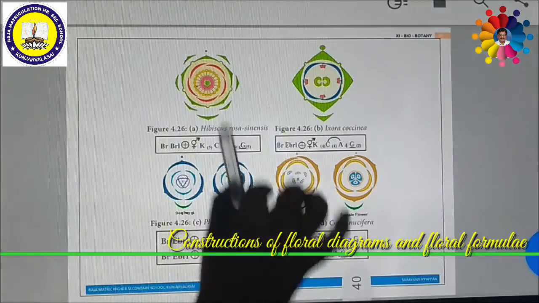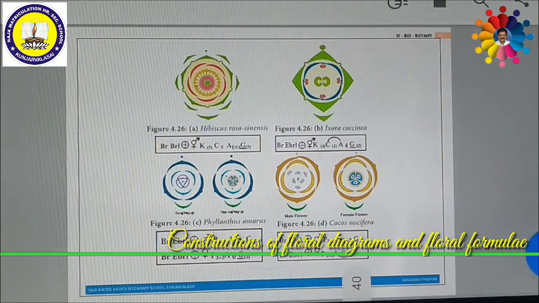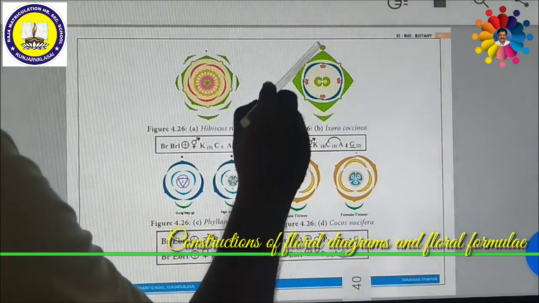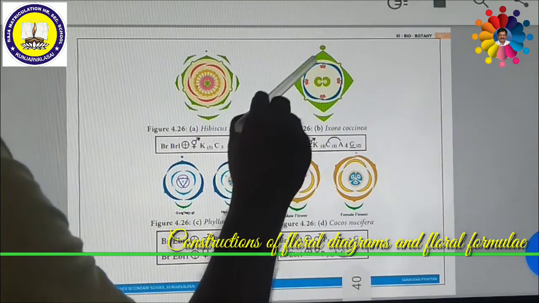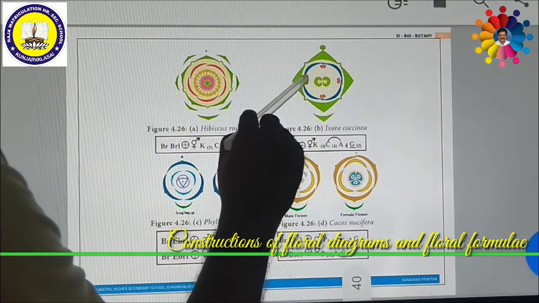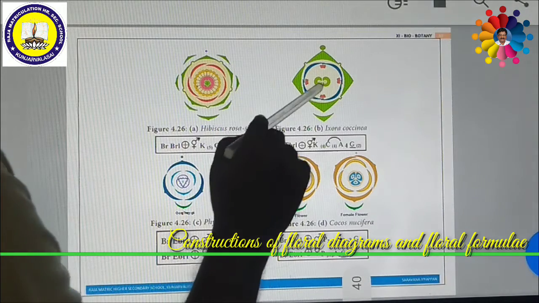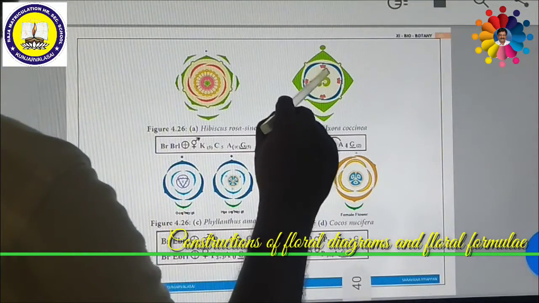This is tetramerous, that means all the floral parts are 4 and multiples of 4. Here it is having bract, then 4 sepals with valvate aestivation, 4 petals with twisted aestivation. This is epipetalous, that means stamens are attached with the corolla. Then 2 carpels.